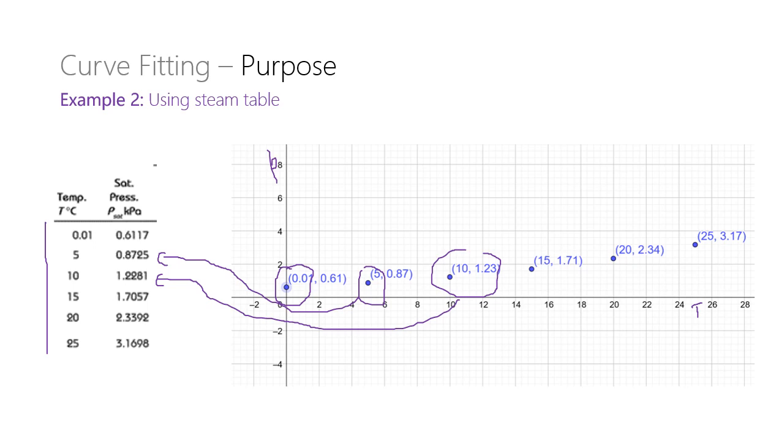And what we need now is the value of pressure at 17 degrees centigrade. So maybe somewhere here, I am using red color. This is 17 degrees centigrade, and to obtain the value of pressure at 17 degrees centigrade, I will have to connect the points using a smooth curve.